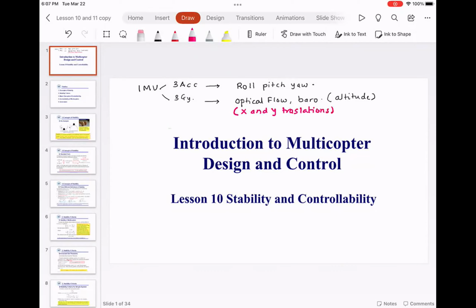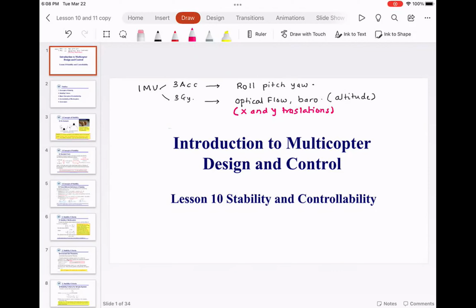So with all these sensors, the data that is coming to us is noisy. So we want to fuse this data to find the best possible estimate of the quantities that we want to be measured. And then we want to design some sort of controller that stabilizes the quadcopter.